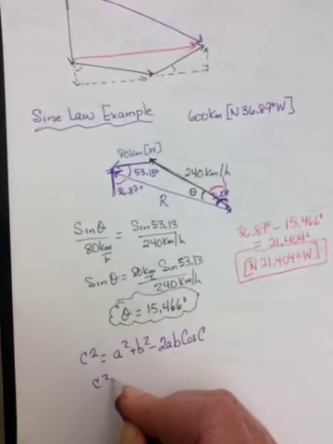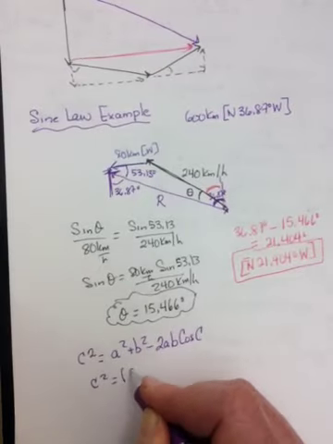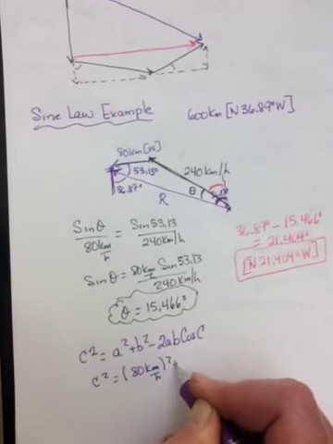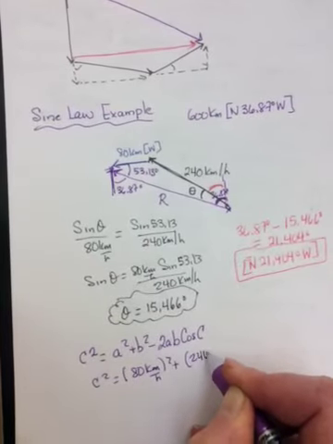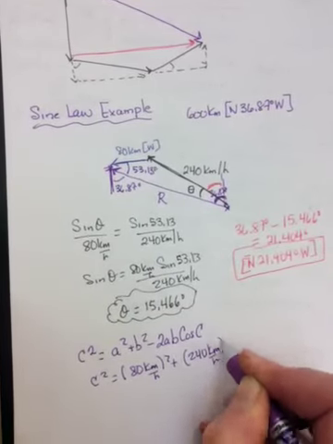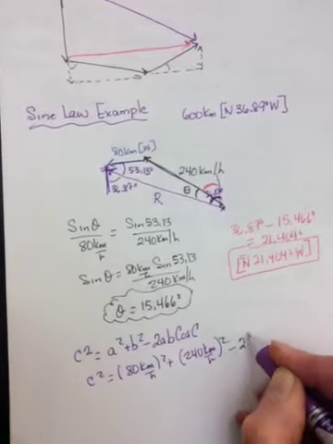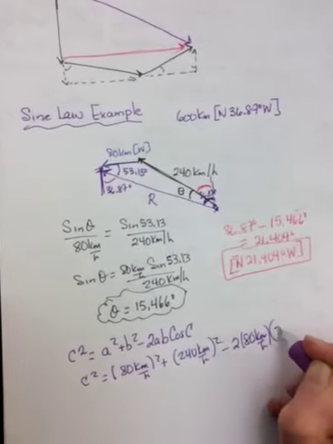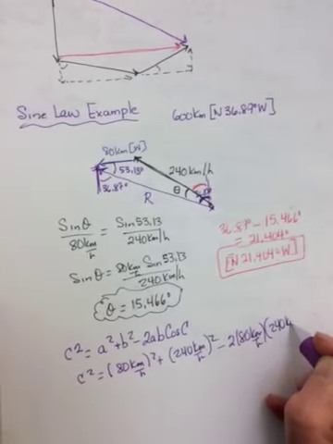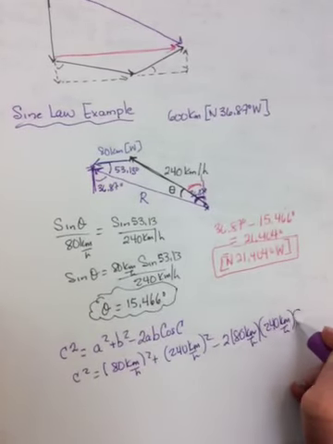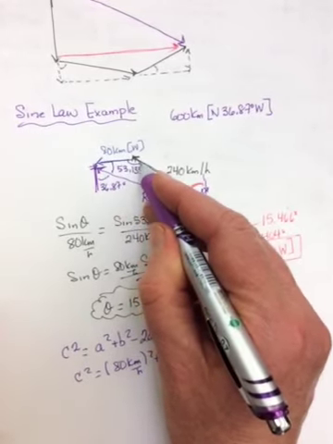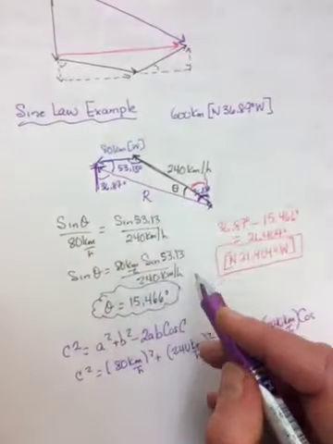So c squared is equal to a, doesn't matter which one you call it, 80 kilometers per hour squared, 240 kilometers per hour squared, minus 2 times 80 times 240 times the cosine of the angle between them, which is this angle.